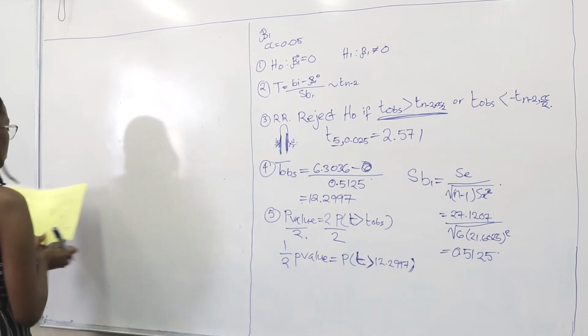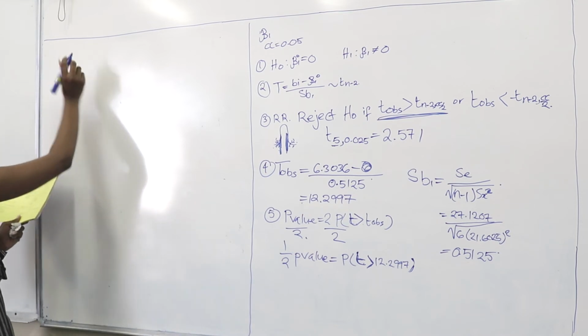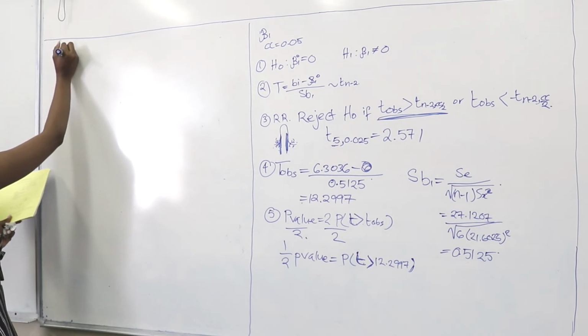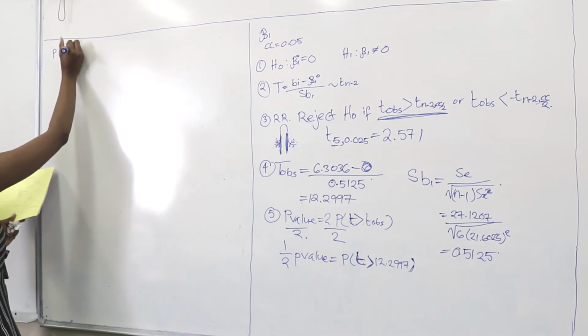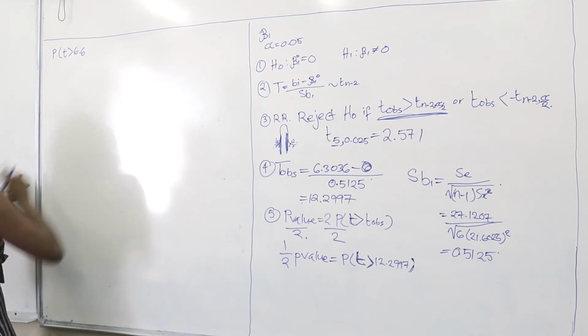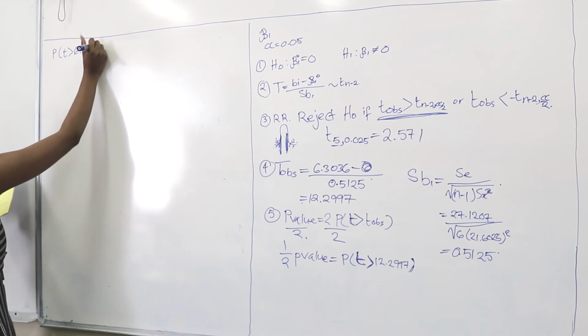Okay, so what's that number at the end for the degrees of freedom of 5? What's the very last number that we get there on the table? 6.869. Okay, so greater than 6.869.